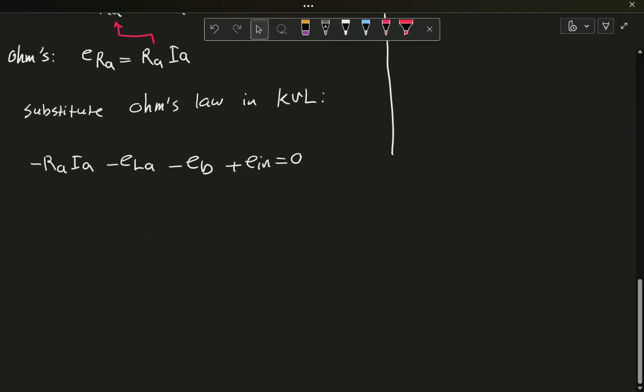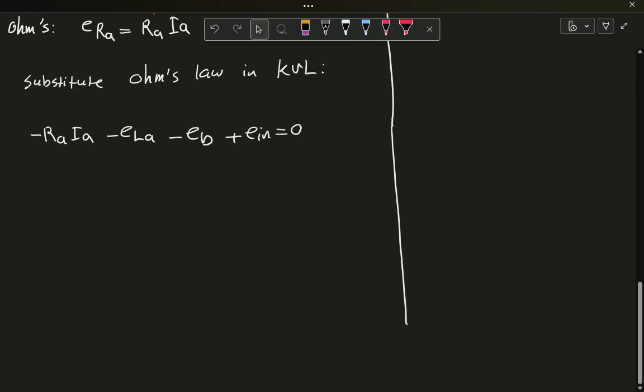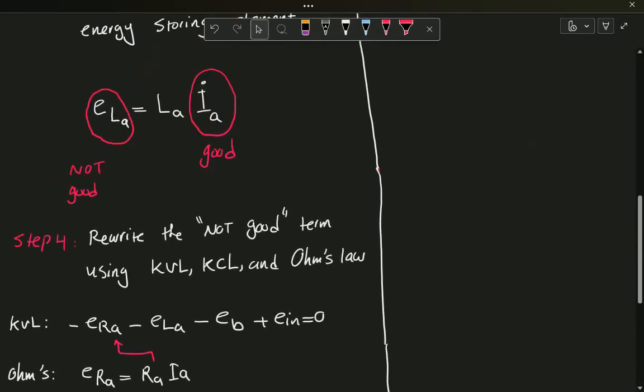Yes? Okay. Now, if you solve this equation for ELA, then you will have E input minus EB minus RA IA. Okay, let's call this equation 1, and let's go back and call this equation smiley.